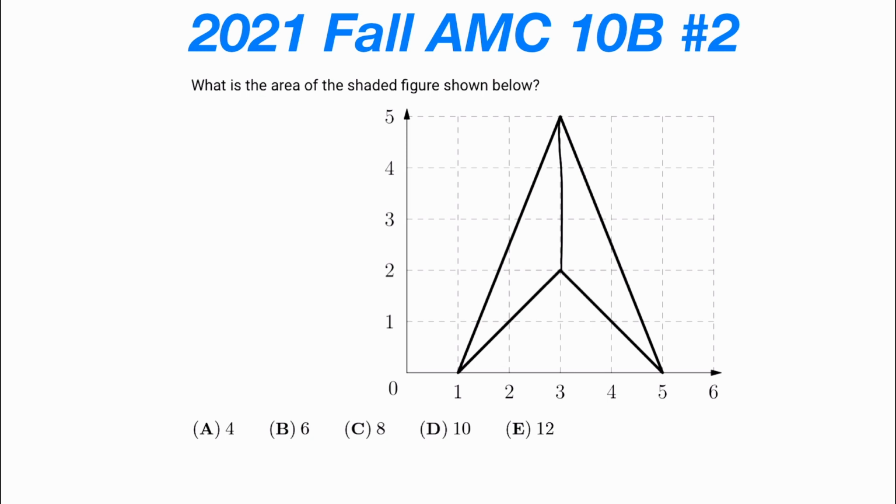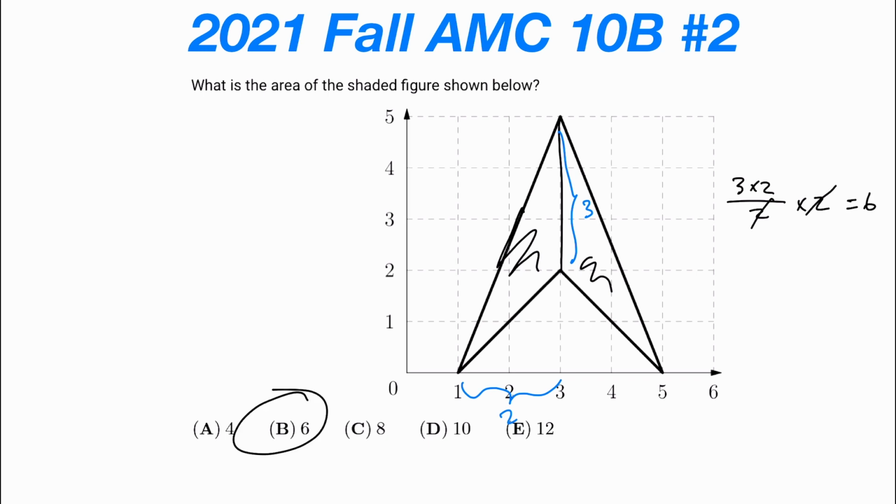Well, the area of one side is simple because it is just a triangle, which has a side length of 3, don't count it wrong, and a height of 2. The area is 3 times 2 divided by 2, and multiplied by 2 because we have 2 sides, which means that these 2 cancel out, we get 6, or answer choice B.